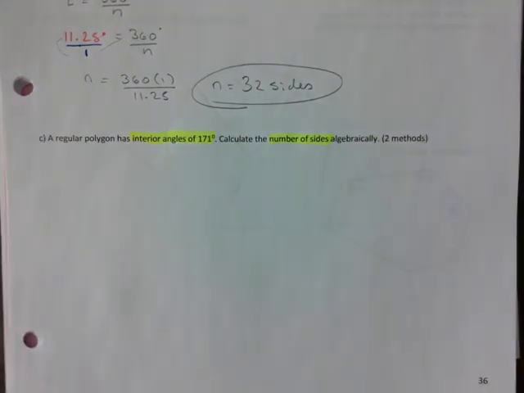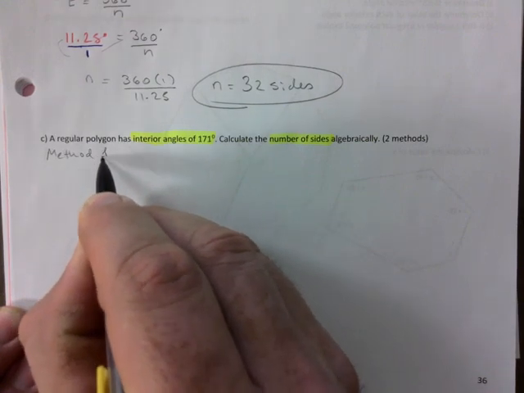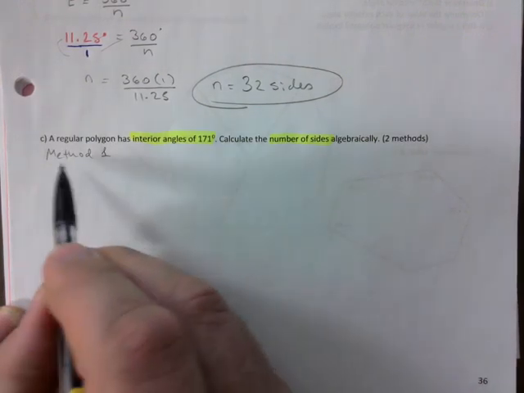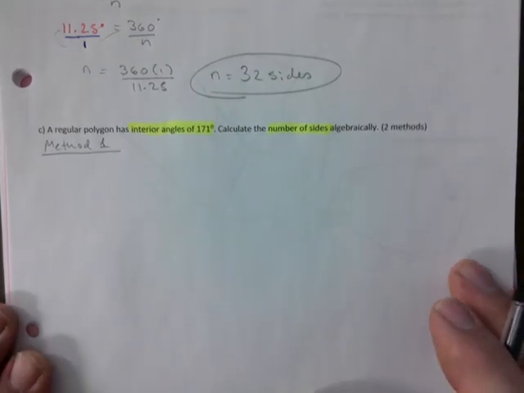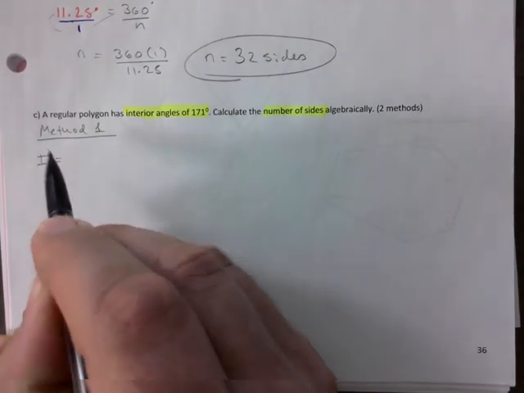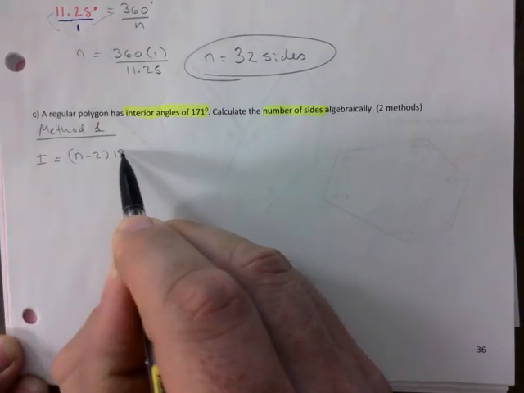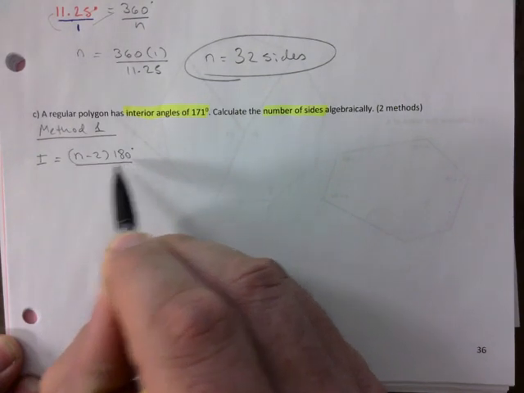There are two methods. So let's do method number 1. This one is probably a bit tougher, but I know I need to use this formula. I is equal to n minus 2 times 180 divided by n.